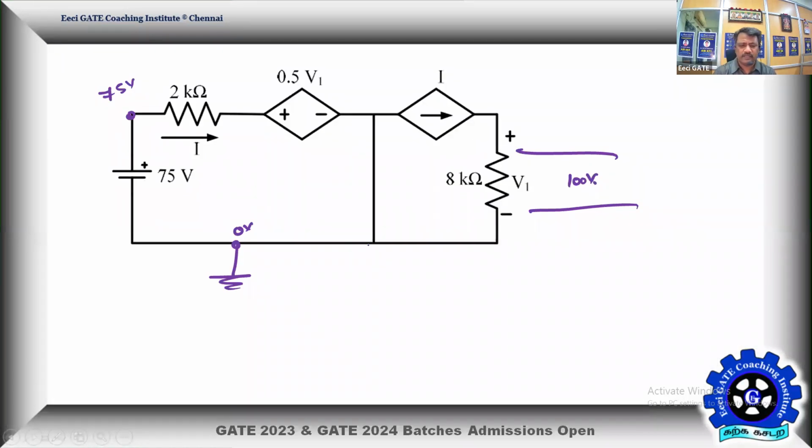That means since bottom is 0, the top will be equal to 100 volts. Okay, what is the current I then? I is equal to 100 by 8, that is 12.5 milliamps. So the current in this branch will be 12.5 milliamps. That's fine. That is your current I.